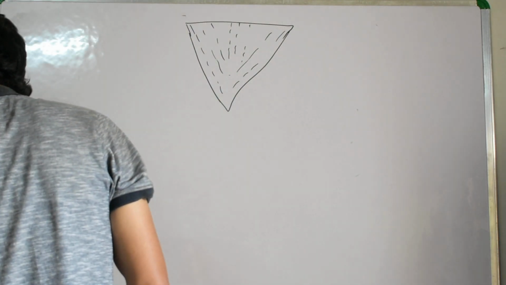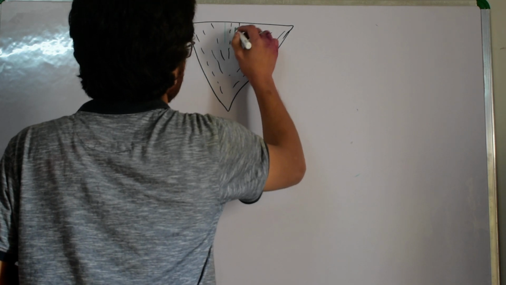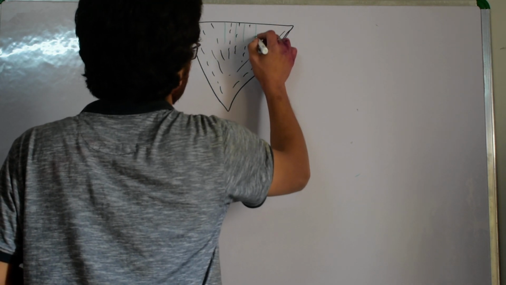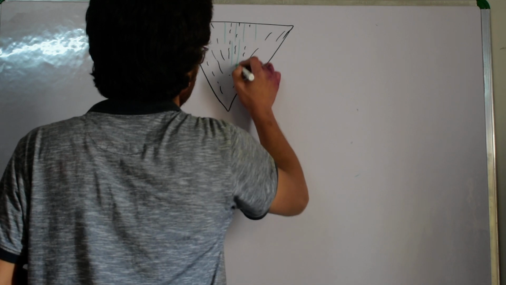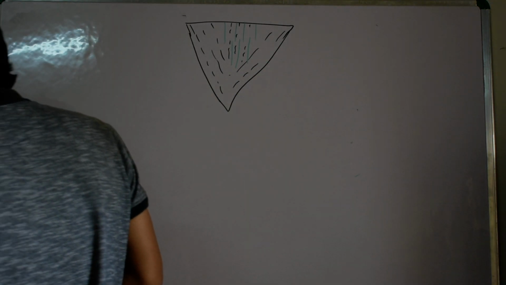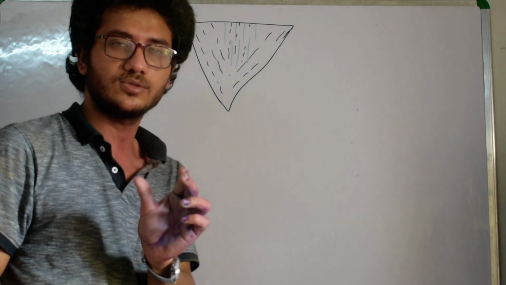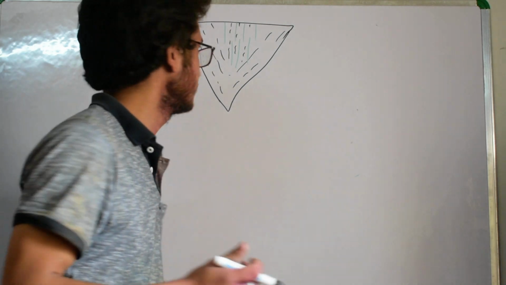So it's a multipennate muscle. Multipennate means we try to accommodate more and more fibers in a smaller space so that the power of the muscle increases.